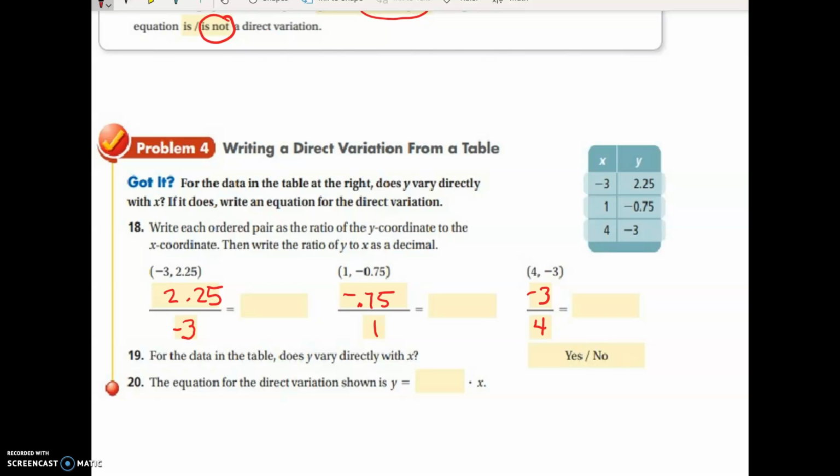So we're going to check those ratios. When we simplify this, it equals negative 0.75. This, of course, would equal negative 0.75. And here again would equal negative 0.75. So for the data in the table, does y vary directly with x?